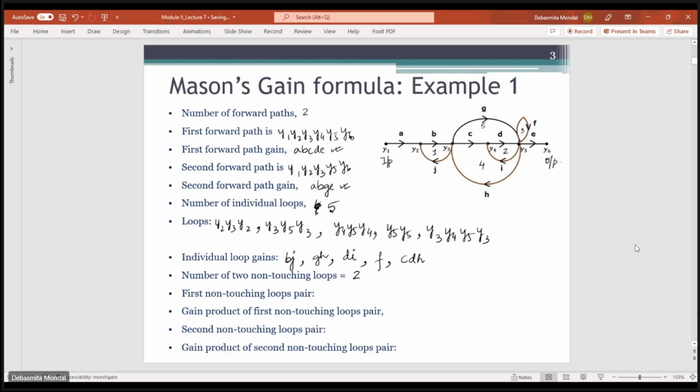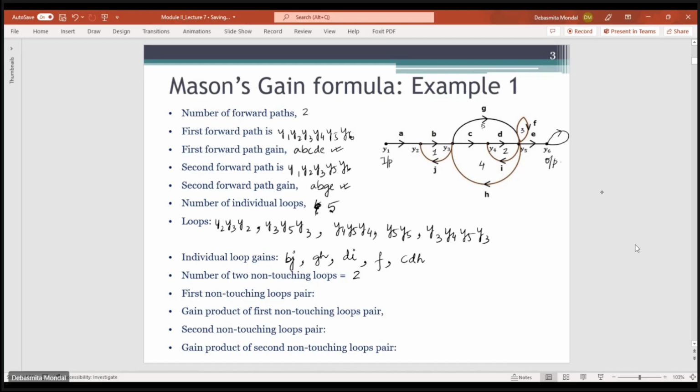Now, if you had another loop somewhere over here after Y6, then there might be a set of 3 non-touching loops also. This is actually not in this signal flow graph, but just for the sake of example.